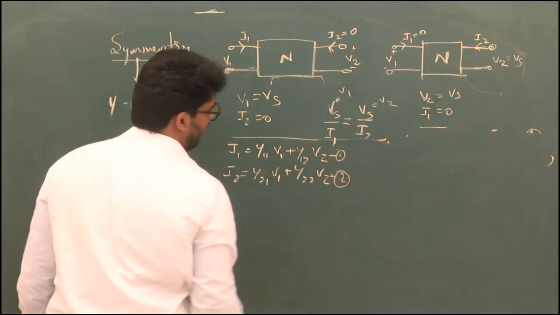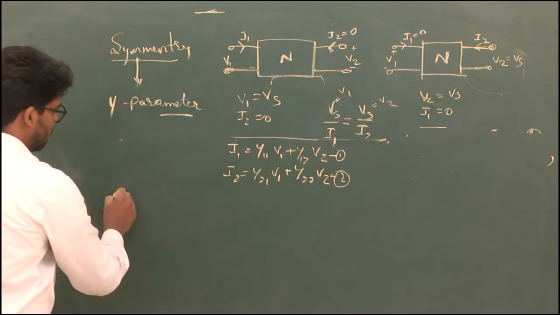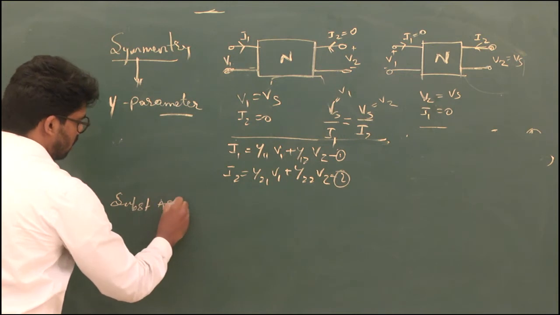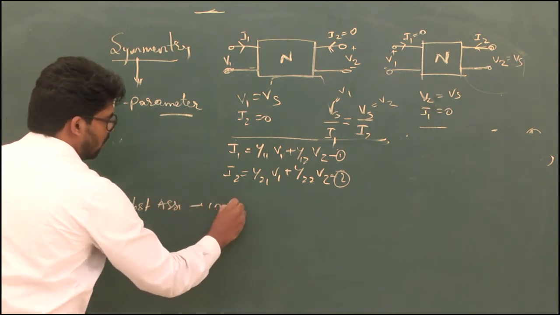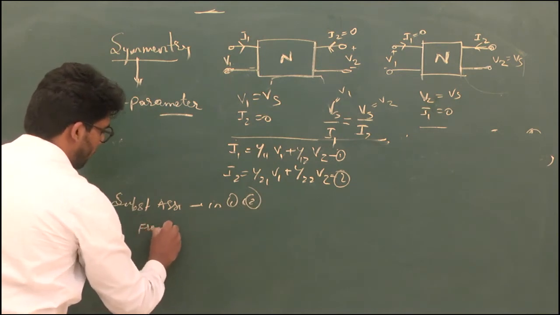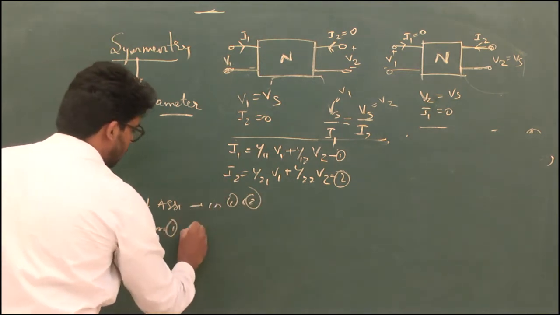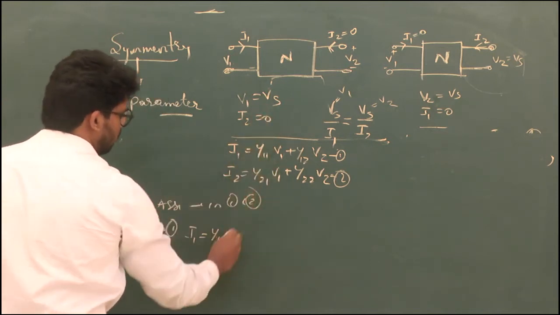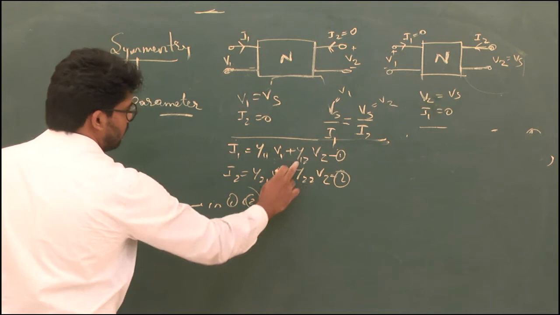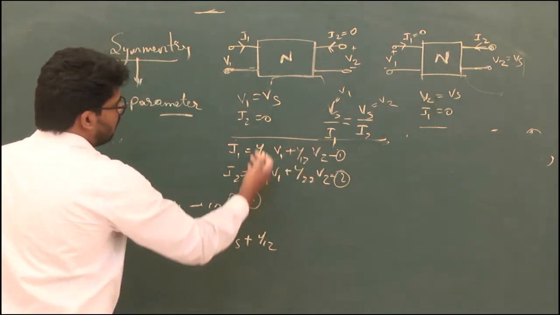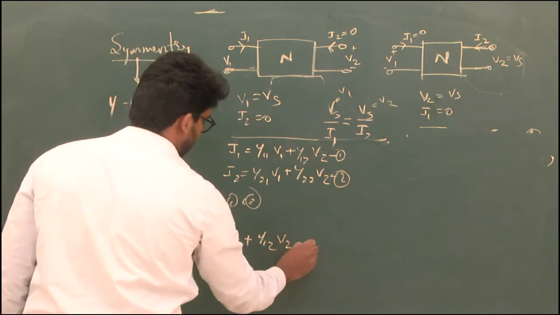Substitute our assumptions in 1 and 2. From 1 you get I1 equal to Y11, in place of V1 you substitute Vs, plus Y12, in place of V2, V2 is there, so we keep V2.